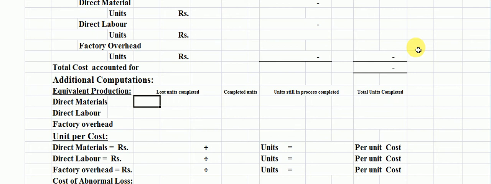To find the equivalent production, firstly we put the units lost in process, which are 120 units. Students, the degree of completion is 100% for material, 50% for labor, and also 50% for factory overhead. Now we'll find the degree of completion here.